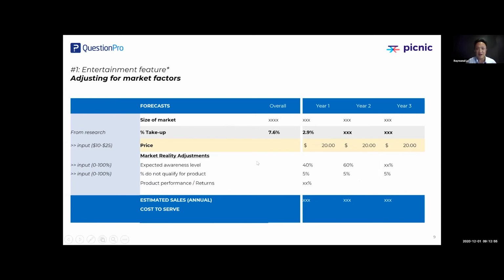Again, I've had to change a few numbers and block a few things out, but some of the inputs to consider after you get the Gabor Granger outputs are obviously the size of the market, because you want to have that percentage extrapolate to number of people. So we had to have that as an input, but also the take-up. Gabor Granger assumes take-up is at full awareness, full access, and it's the maximum take-up we'll ever achieve because everyone's aware, everyone can access it, and it's performing beautifully as described by the concept.